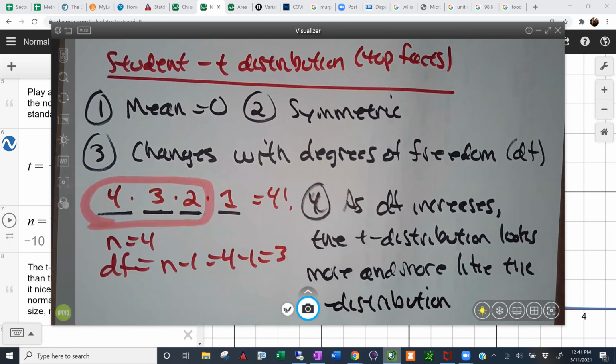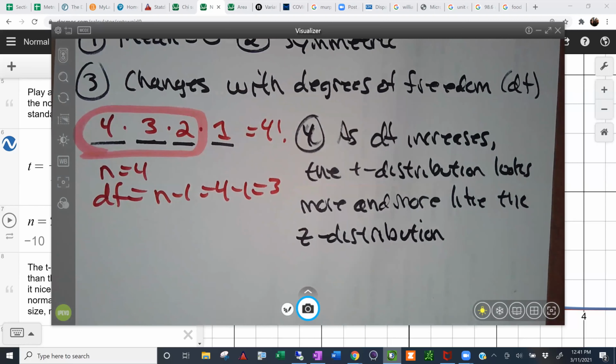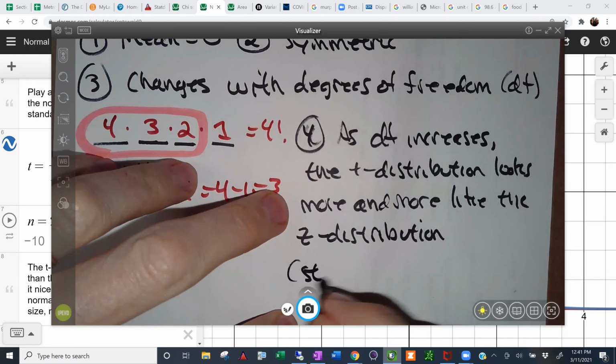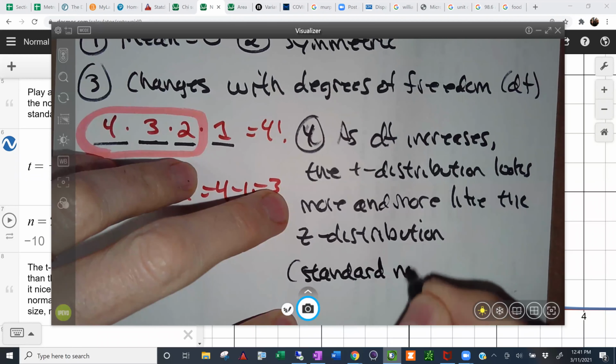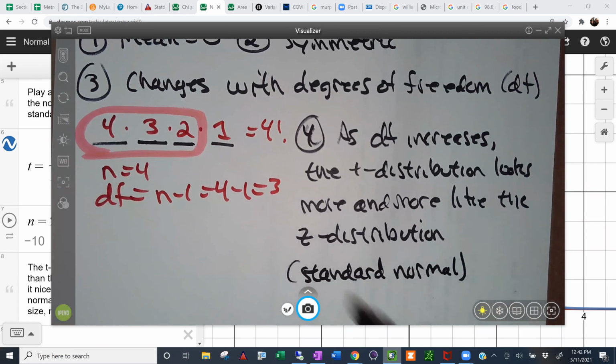And the z distribution is the standard normal distribution. So standard normal. Those two are interchangeable.